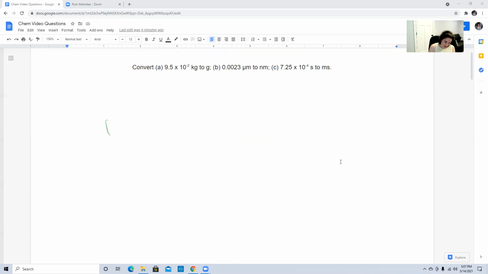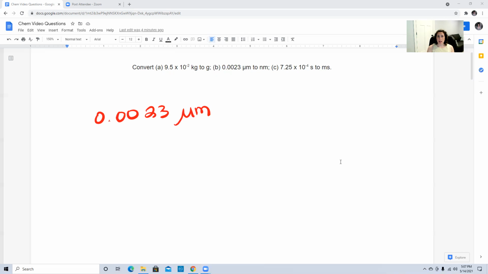I got rid of my line, but that's right. I'll change to red. B, 0.0023. This symbol is a Greek letter mu. It stands for micrometers, and we want to get to nanometers.